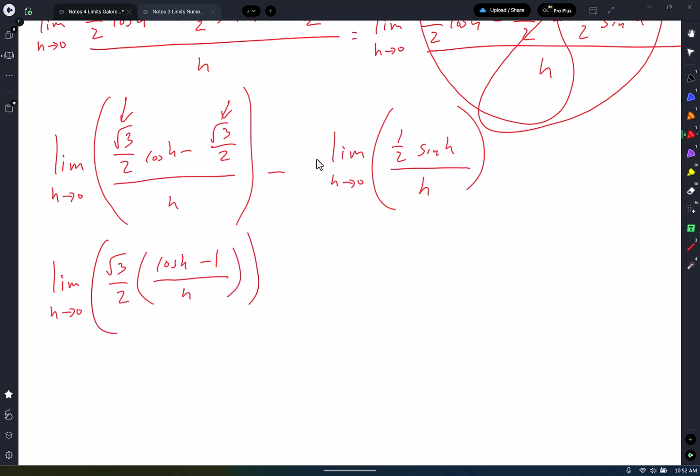Minus limit as h approaches 0 of 1/2 sine h over h. I'm factoring out the square root of 3 over 2 and the half. I actually wanted to pull the square root of 3 over 2 to the front, but I don't know how you guys feel, so I'll leave it like that.